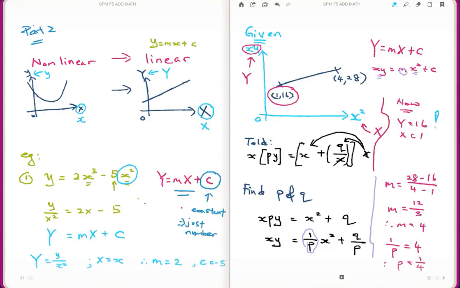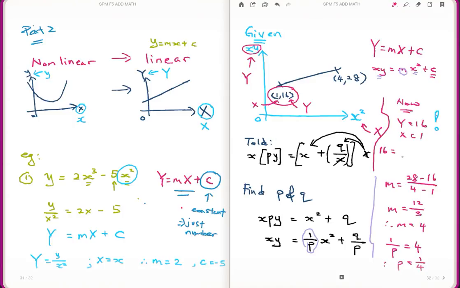This is important. Think about it. Take some time. This is capital Y here. This is capital Y. This is my capital X. You do not confuse yourself with the small x and small y. Why am I going to do that? So that I will be able to find the c. So therefore capital Y is 16. So 16 is equal to my gradient.